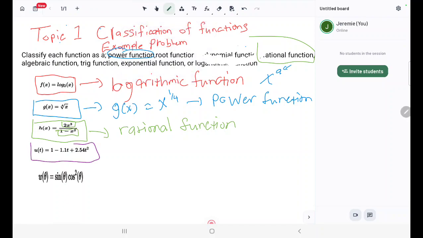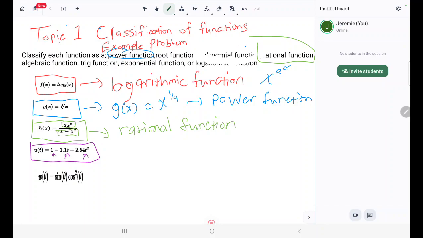So now let's look at u of t equal to 1 minus 1.1 times t plus 2.54 times t squared. Well, really, this is the sum of different powers of t. In this case, the first one, we like to think of as t to the 0th power. There are some complications with that, but for the moment, let's just think of it as t to the 0th power.